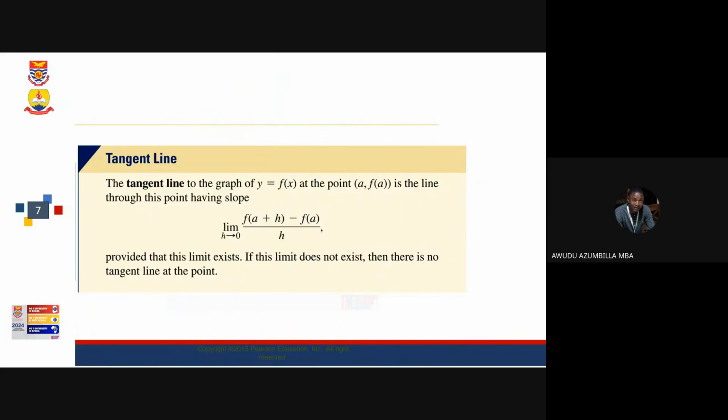So this is what we are going to use to calculate the slope of a tangent line or the slope of an equation if we are asked to do so. Please, let's take note of this. I'll take you through how we are going to derive this, so get familiar with this as we move on.